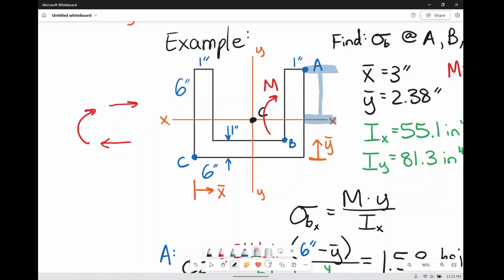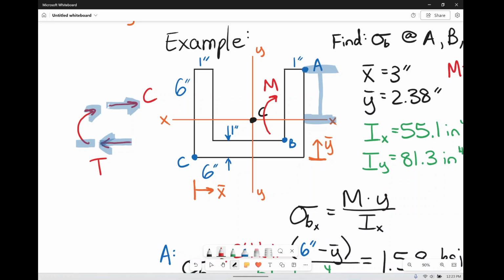So if you think about it this way, you have coming out of the face. That's going to be the tension side. And wherever your arrow is pointing into, that's of course an arrow, big arrow going down, that's going to be compression. So if you're pushing into the face, following the arc of your moment here, that's going to be compression.